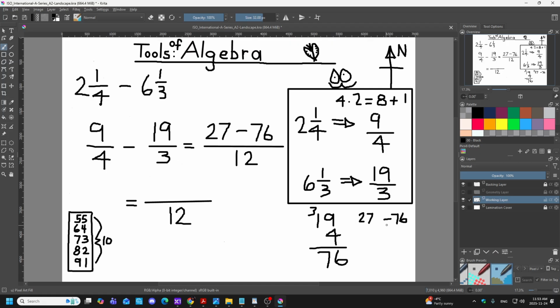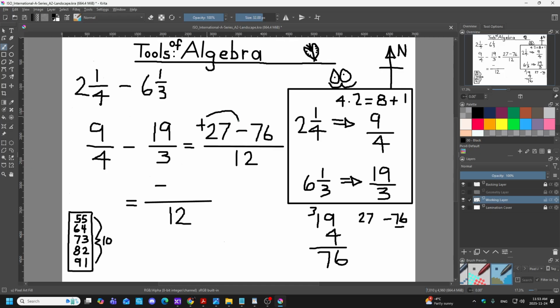Ignoring the signs for now, 76 would have way more jumps than 27 would. Now we look at 76 and it has the negative sign. Therefore, our answer is going to be negative.